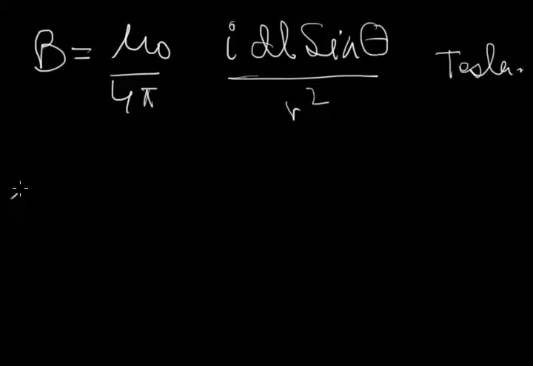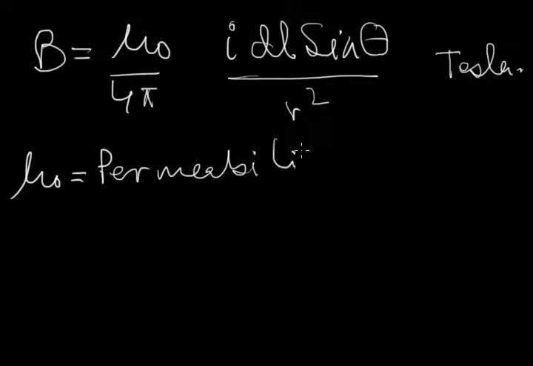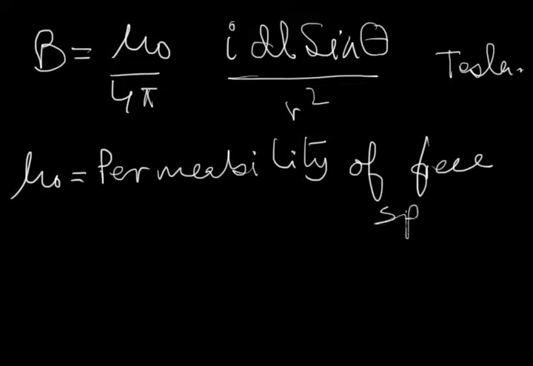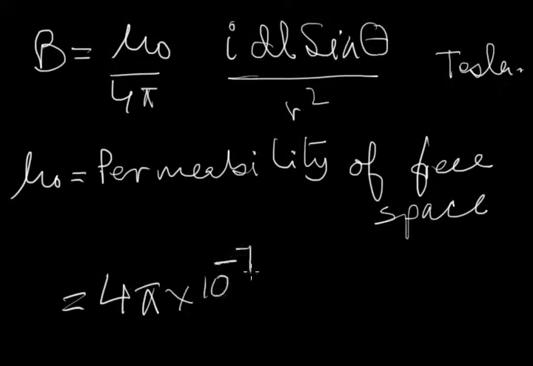Now the mu zero is what we call the permeability of free space, and this is basically the measurement of the magnetic lines of force that are allowed through a medium. Permeability of free space, as we calculate, happens to be 4 pi into 10 to the power minus 7 Henry per meter.